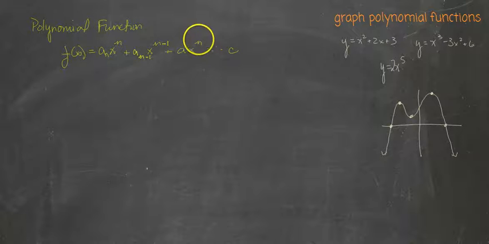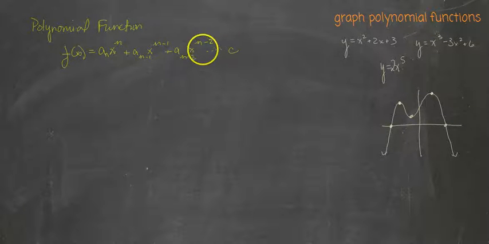The next variable would be the first one take away 2. This is how we write descending order, and so that would be a sub n minus 2. So that means I'm talking about the coefficient that goes with the n minus 2th term.